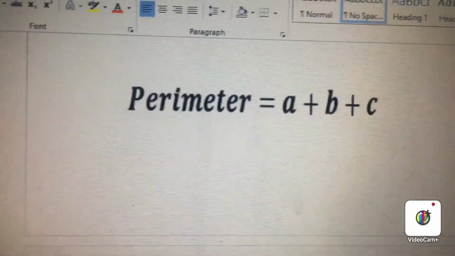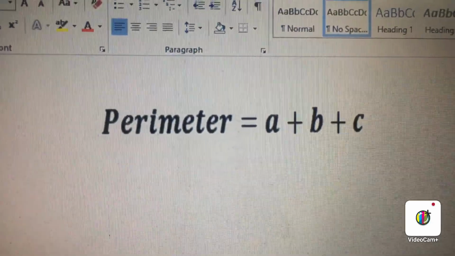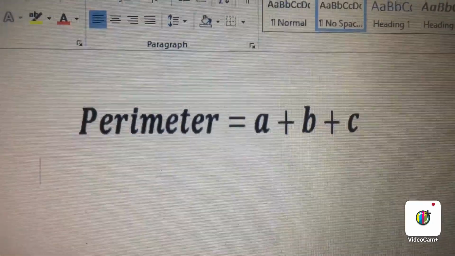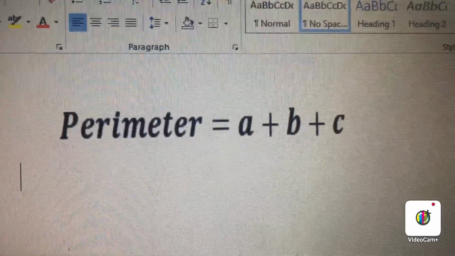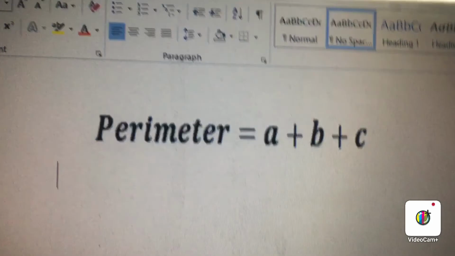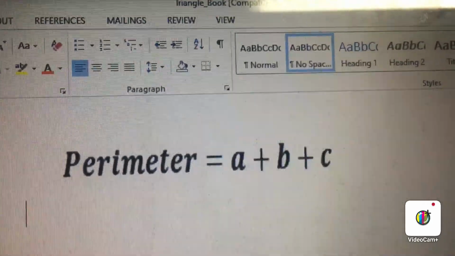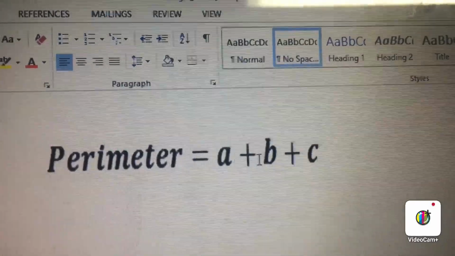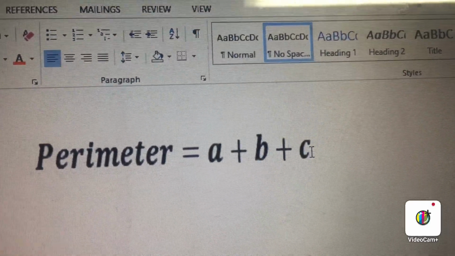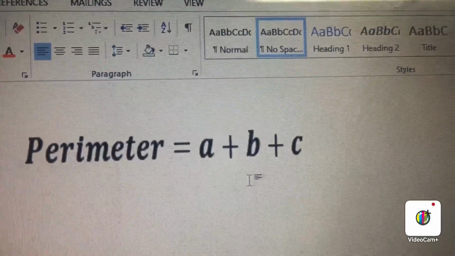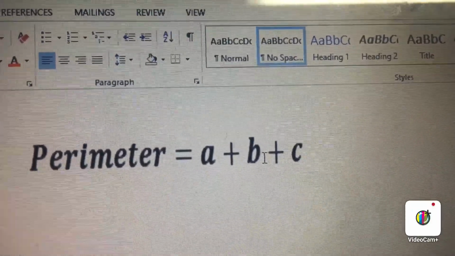Having found the area, next we're going to do how to find the perimeter of a triangle. The formula is this. Our perimeter is A plus B plus C. A, B and C represent the three sides of the triangle.